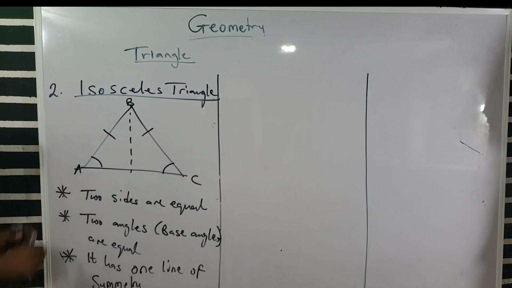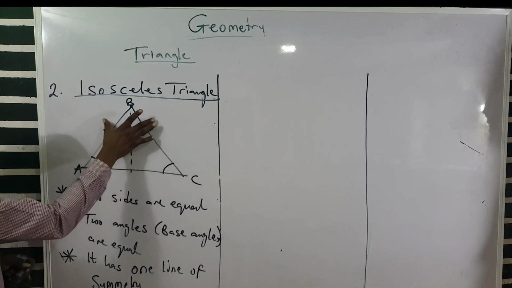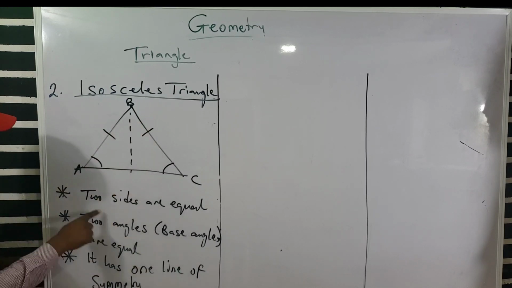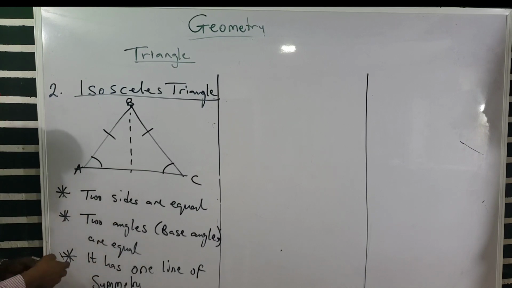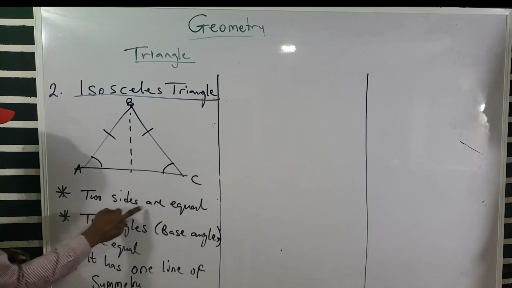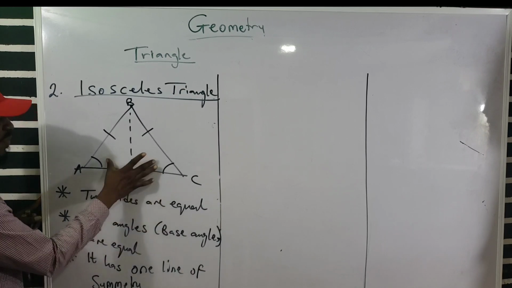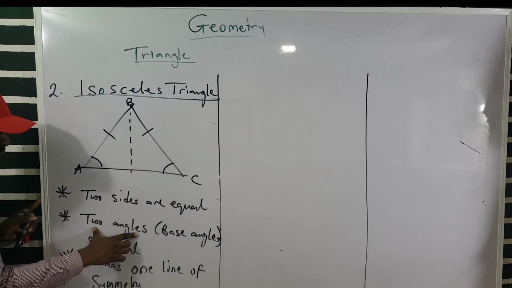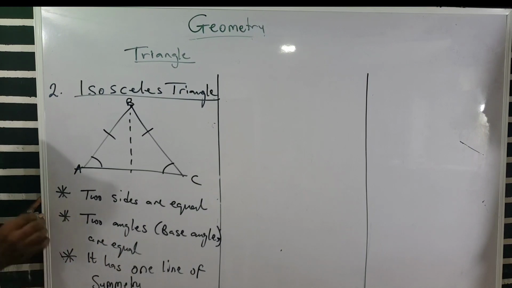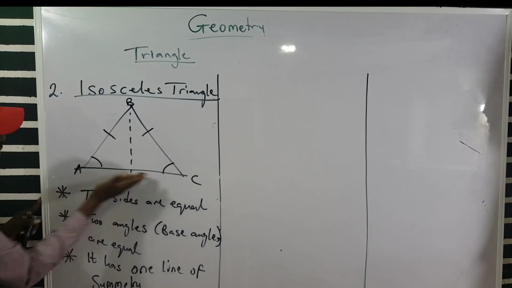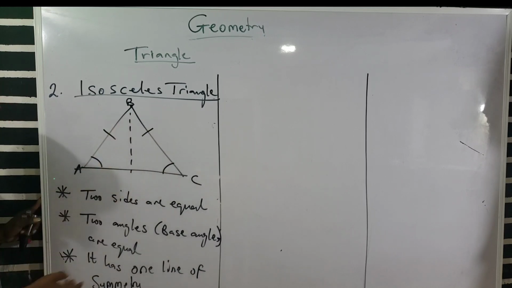This is the second type of triangle based on sides, which is called an isosceles triangle. An isosceles triangle has two sides that are equal. That's one of the unique properties of an isosceles triangle. Two angles, which we normally call base angles, are equal. I decided to write it as two angles because sometimes in a question, it might not be exactly at this base, it might just be here and here that are equal.